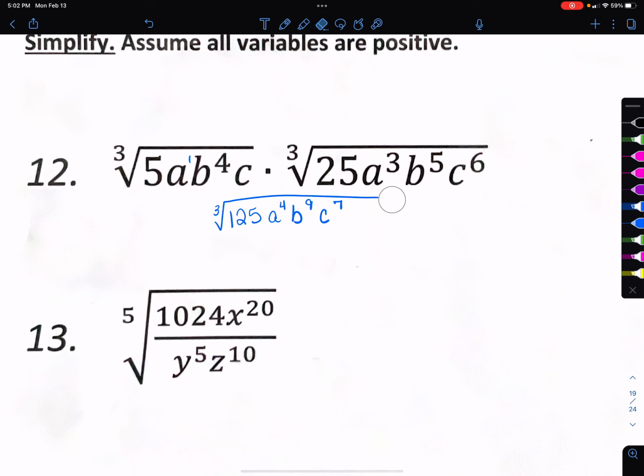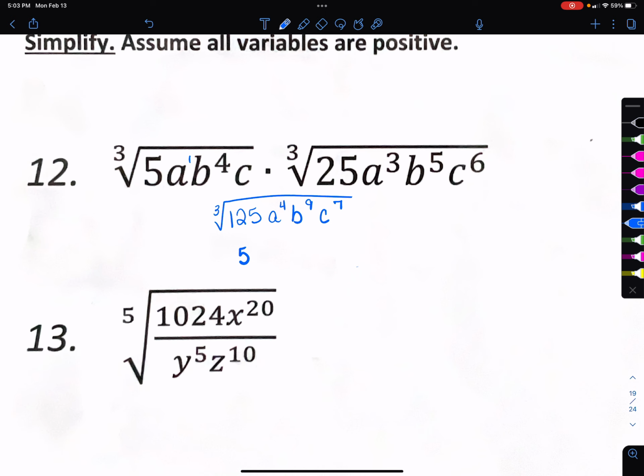Okay. Now, if I wanted to then go ahead from there, I've got to see if I can simplify this further. Can we take the cube root of 125? Yes. The cube root of 125 gives me 5. Can I take the cube root of a to the fourth? This is when we talked about power over root. So 4 divided by 3.